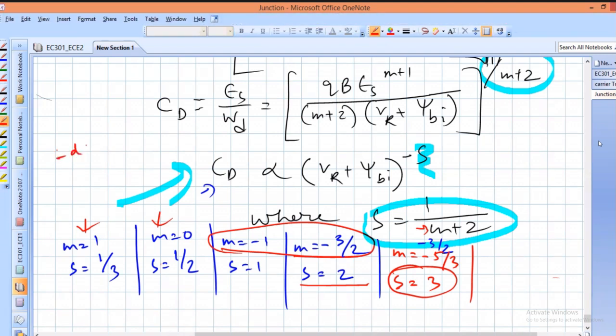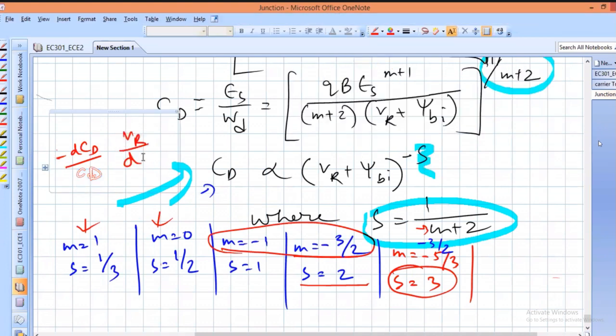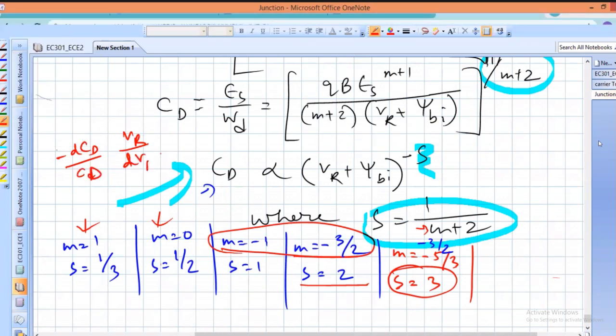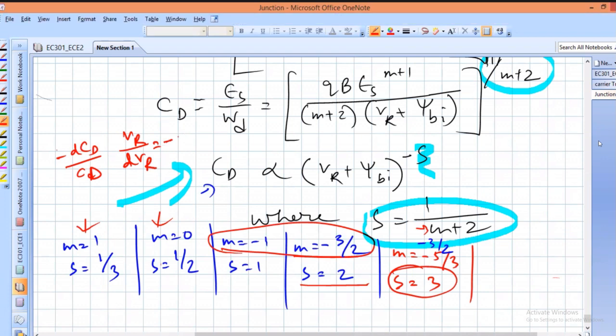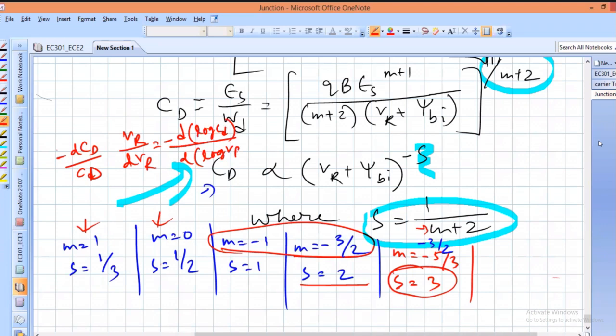That means minus dCD by CD, divided by dVR over VR, which is nothing but the logarithm of CD by d of log VR, and that will be equal to 1 by m plus 2, which is nothing but S. That's why I provide S here.